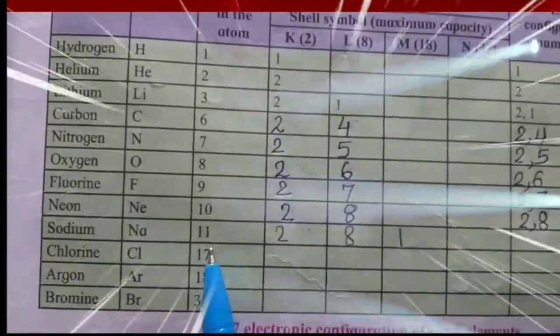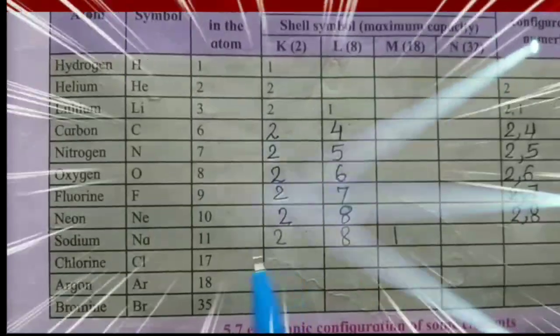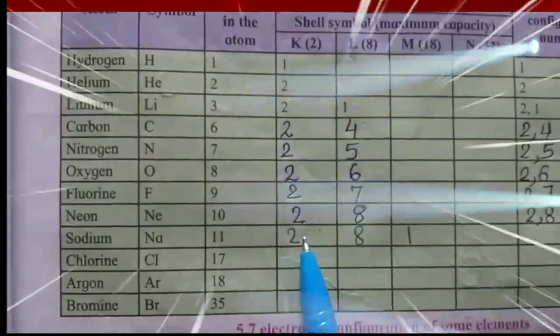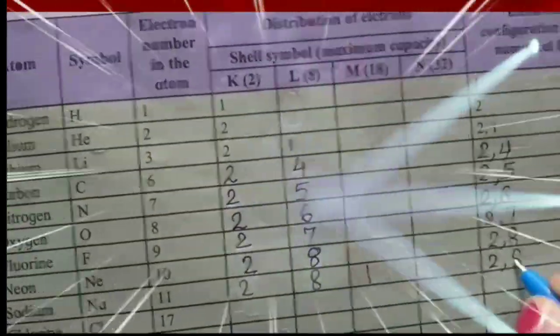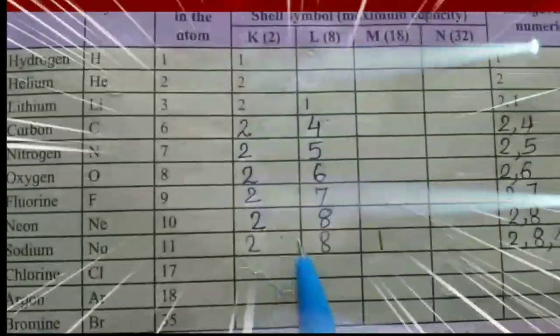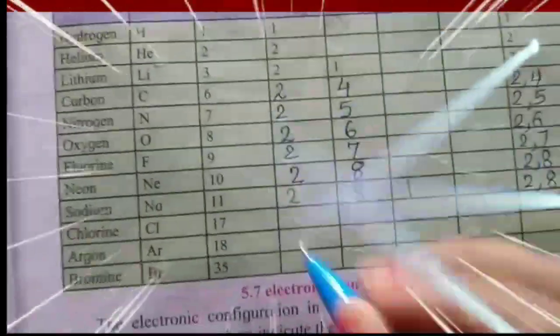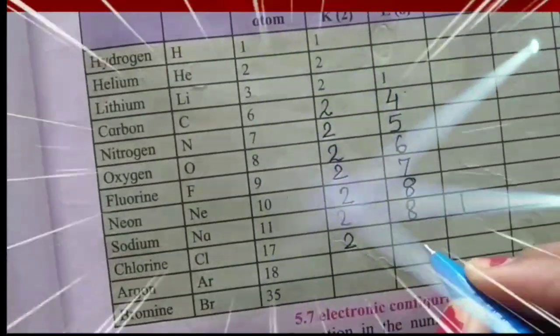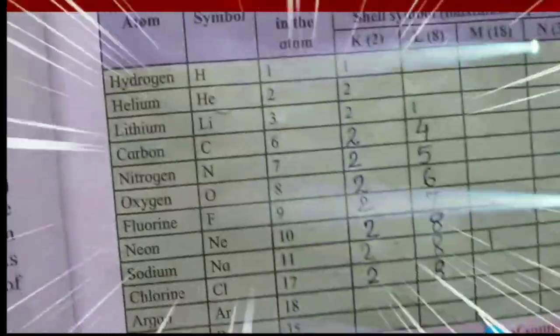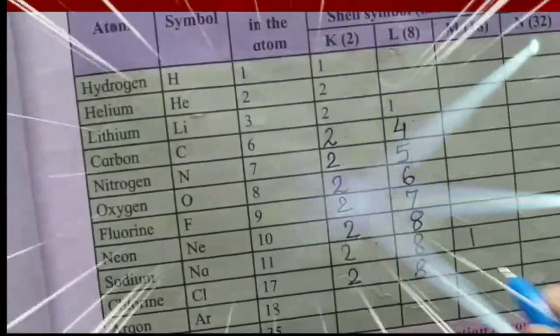Let us move towards sodium, that is 11. Already somebody has written. So here we will write 2, here we will write 8 and here we will write 1. So the electronic configuration will be 2, 8, 1. Let us move towards chlorine. Here the number is 17, so we will write 2, then we will write 8, then we will write 7.